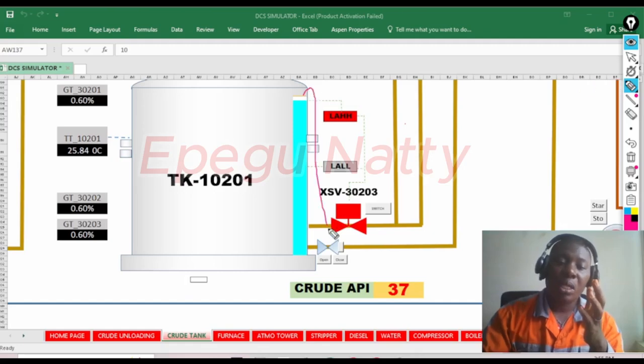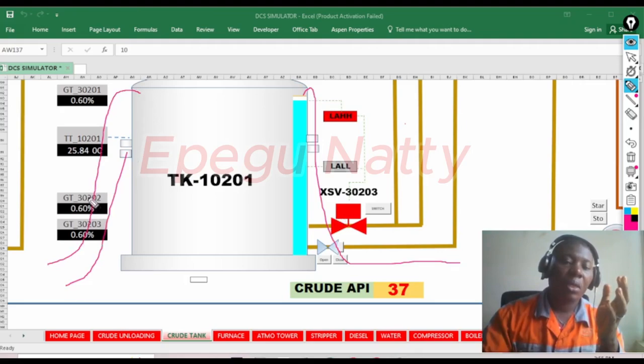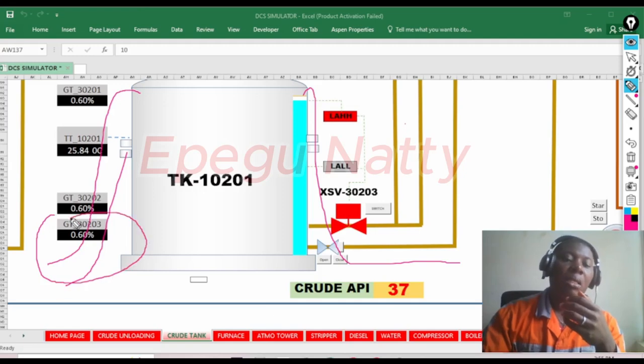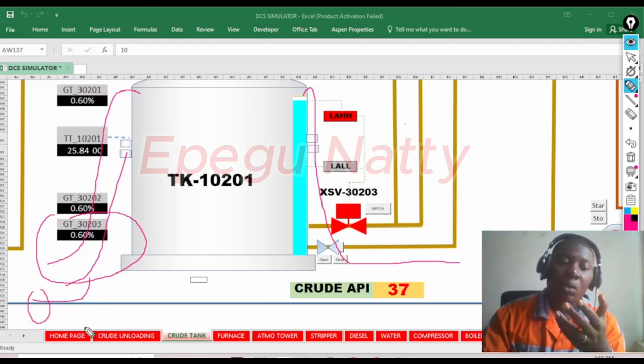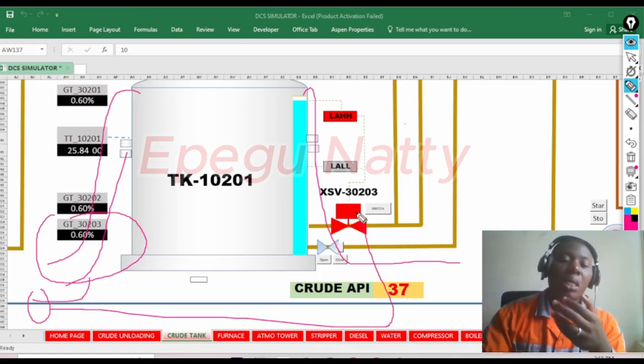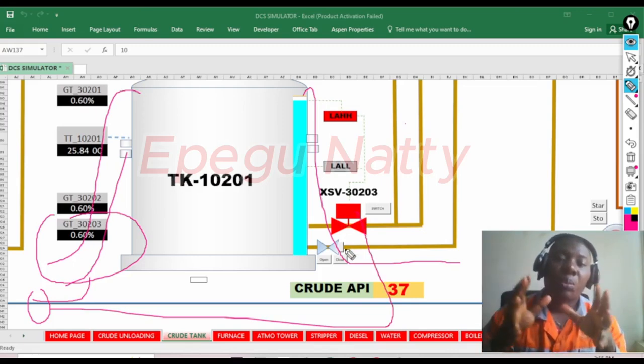If there is a spill all around this environment, the gas detector is going to detect it, and then it will send the signal to the logic controller. The logic controller will in turn send the signal to the ESD, and then it will trip.